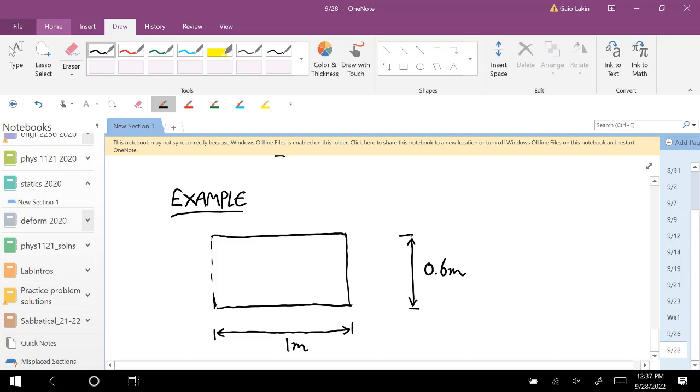And then we've removed a piece like this, where that is a square with a length of 0.5 meters here and here.